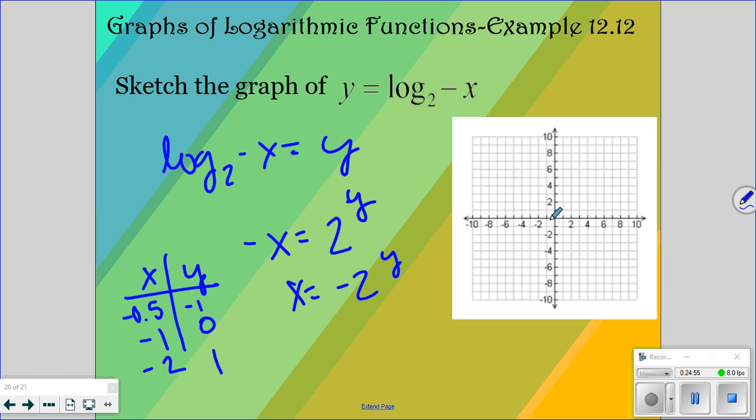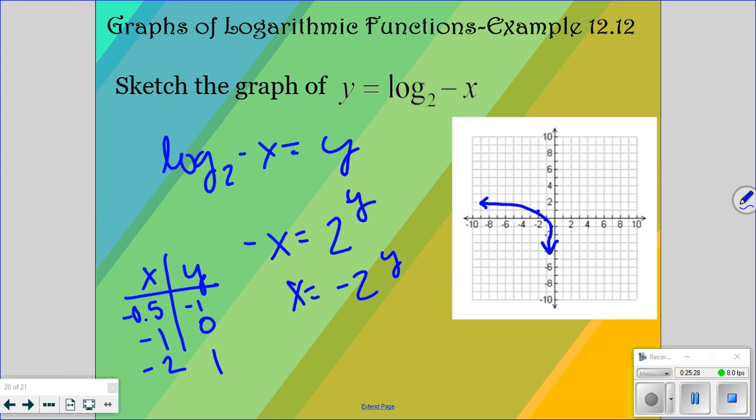And so if you graph this one, it should look something like this. So there's your graph for that one.